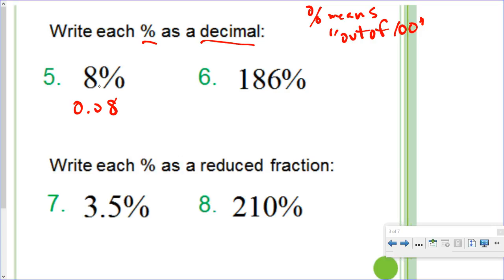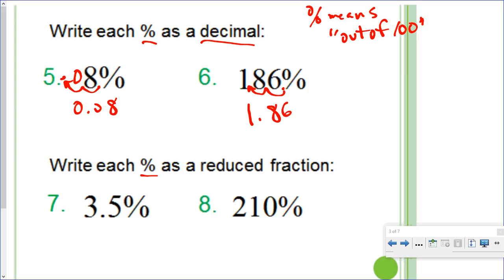Another thing that people do is they take the decimal point that's here, and when you change it into decimal form, you move it back 2 spaces to the left. The decimal point is here, so it's 0.08. We'll do the same thing here with 186%. We'll move it back 2 places, so it becomes 1.86.